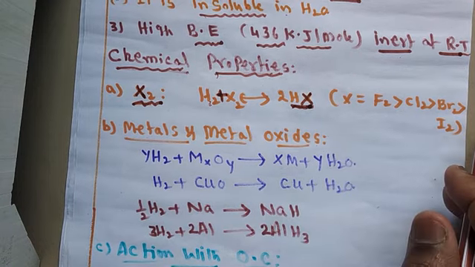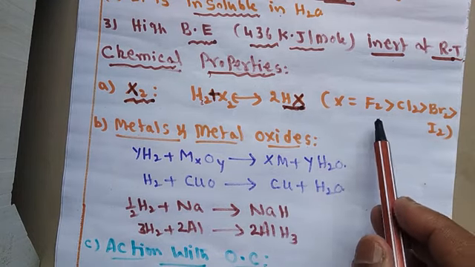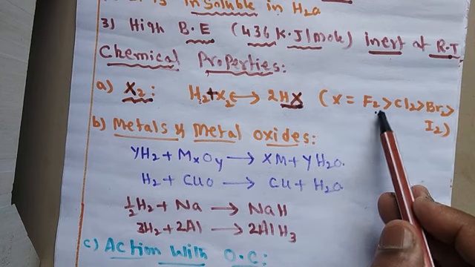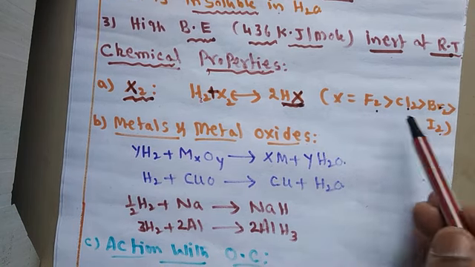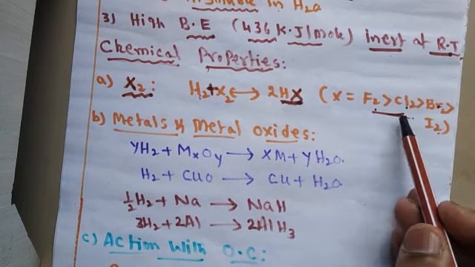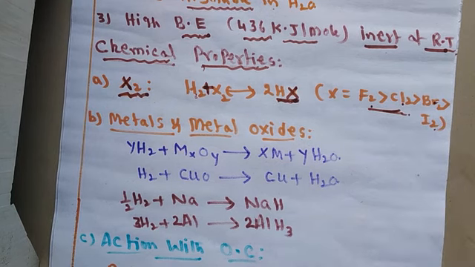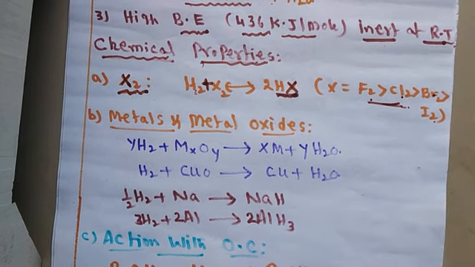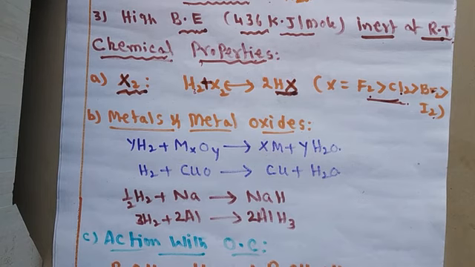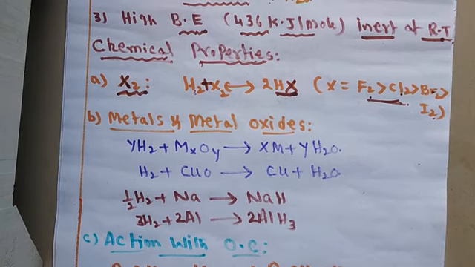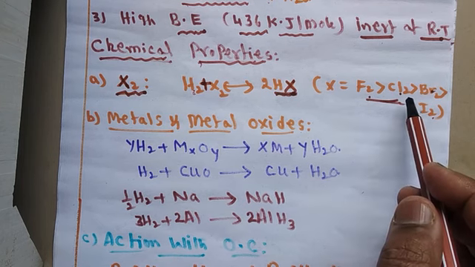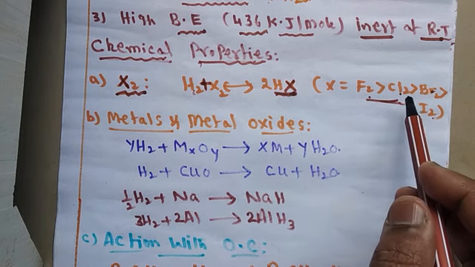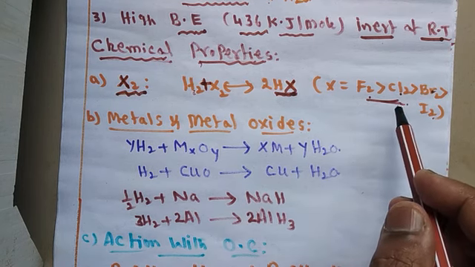Now, children, the order of reactivity of the halogens, fluorine, chlorine, bromine, iodine, gradually decreases. Fluorine is highly reactive, children. That's why hydrogen reacts with fluorine even in the dark. But chlorine reacts with hydrogen only in the presence of sunlight or UV light.